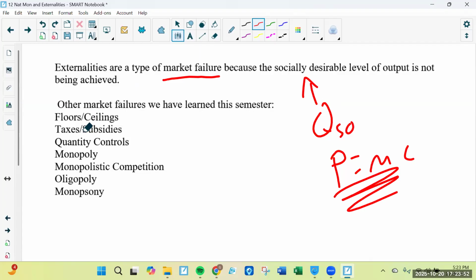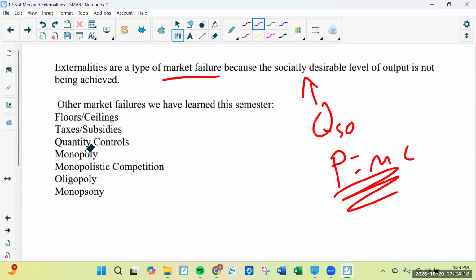If you are at the allocative efficient point and we tax or subsidize something, well, we're actually going to tax and subsidize to get to the allocative efficient point. So if you're at the point where price equals marginal cost, and then you put a tax or a subsidy on something, and this would have to be per unit, whenever you put a per unit tax or per unit subsidy on something, it moves you away from that allocative efficient point. That's going to create a market failure.